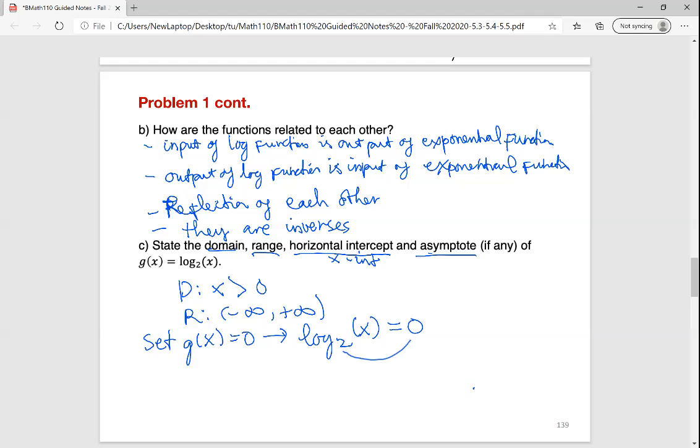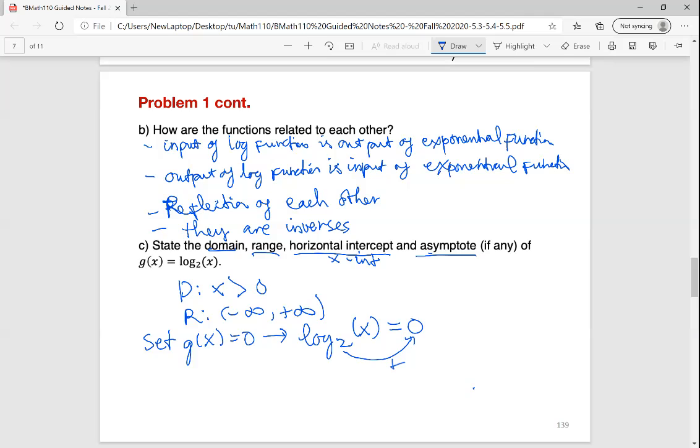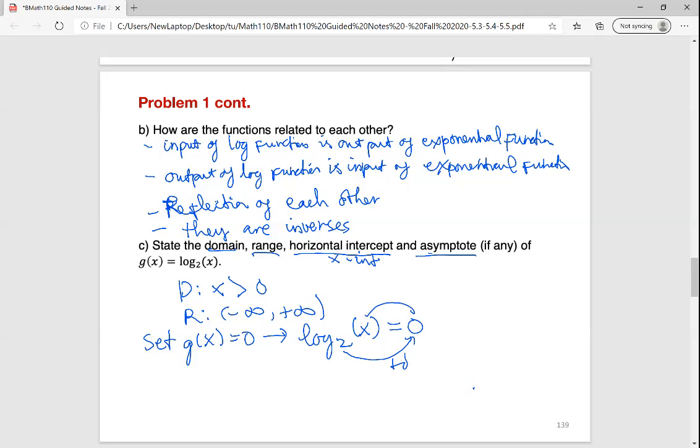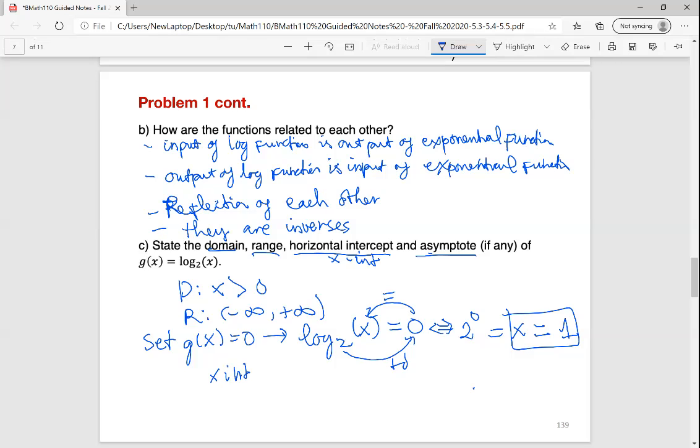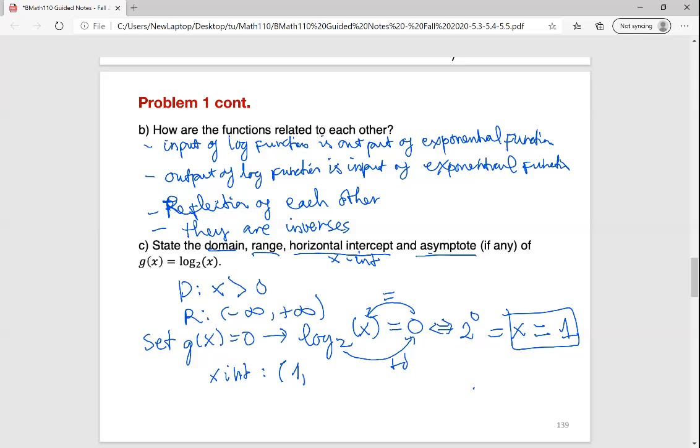I have 2 raised to 0 equal to x, right? So the equivalent exponential form is 2 to the power 0 equals x, which means x equals 1. So then I have the x-intercept in ordered pair form as (1, 0).